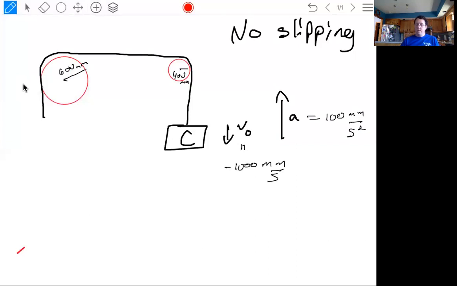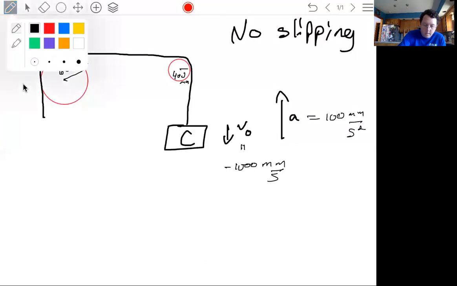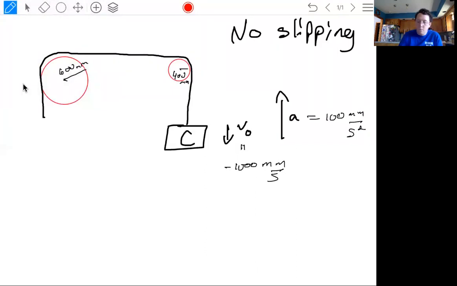All right, so here's our goal. Our goal is to determine the following quantities. A, the initial acceleration. Oh, sorry, I should have marked this out. There's a point right here.